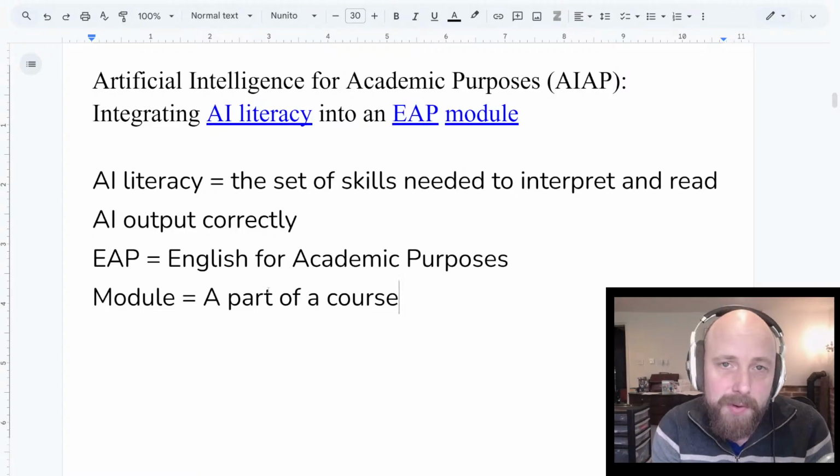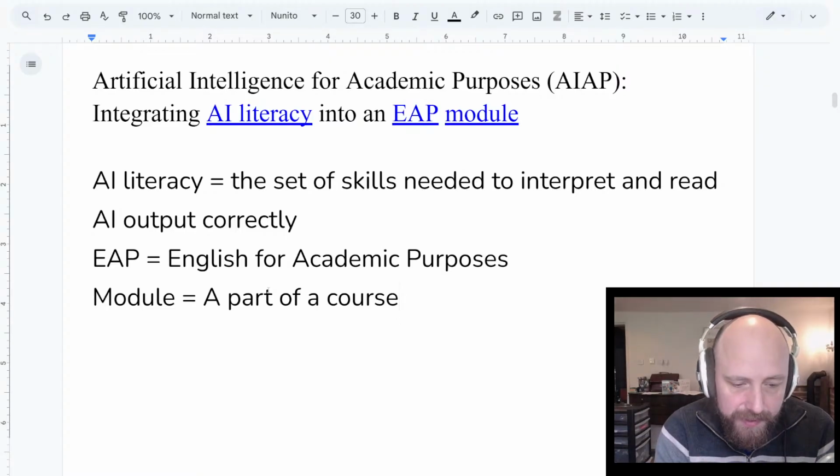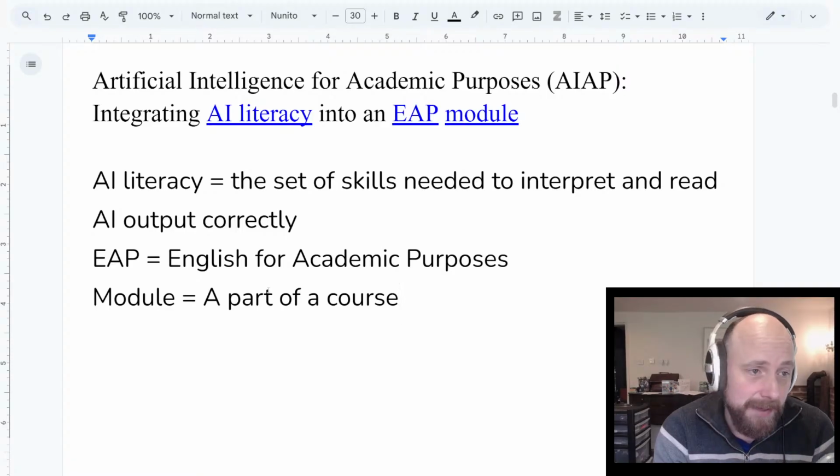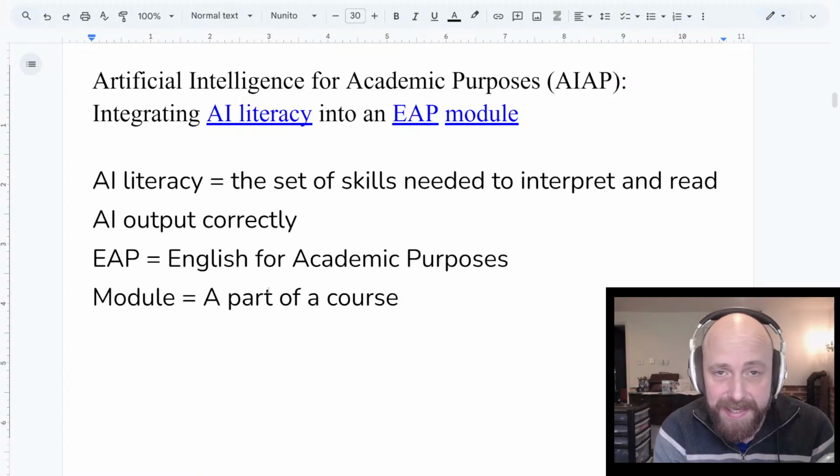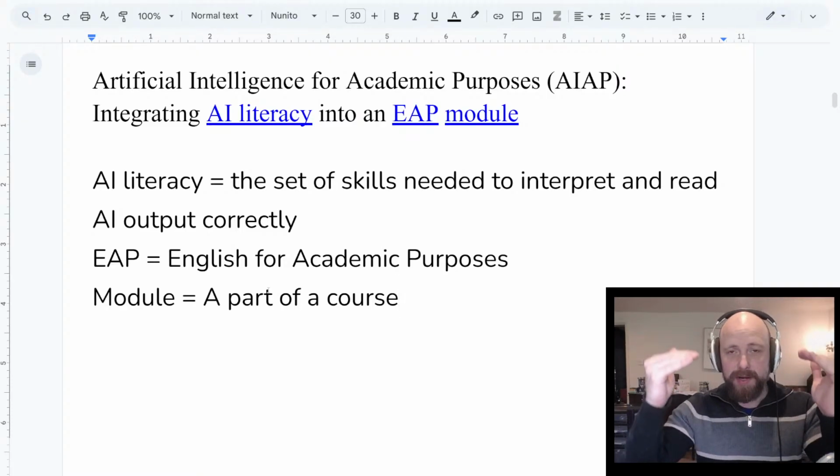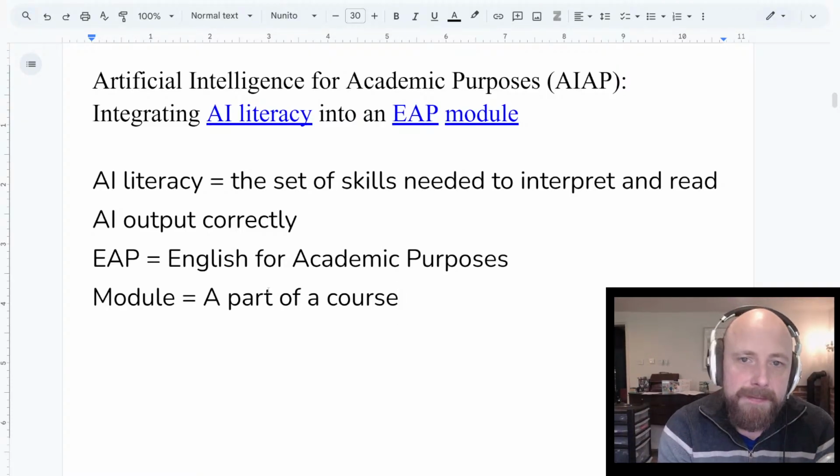So, for example, if you're studying English, then perhaps you'll have modules like speaking, listening, and reading if the course is separated in that way.